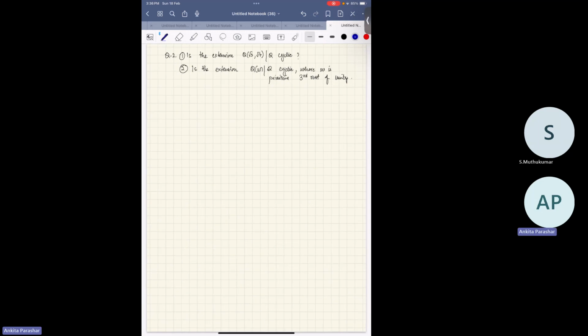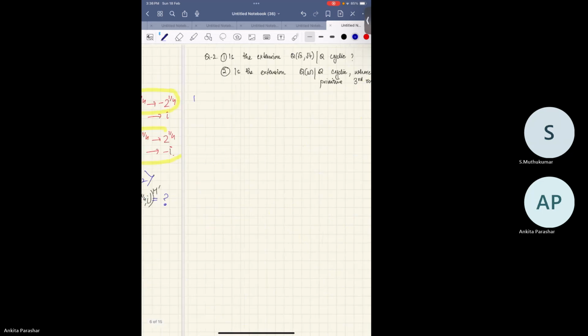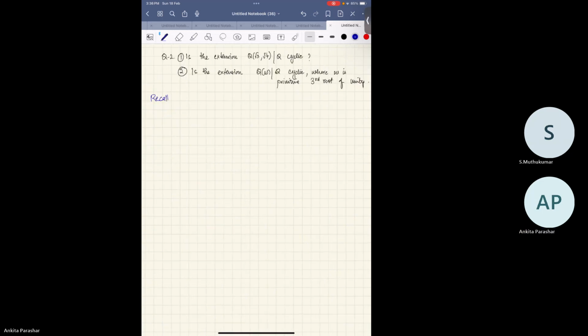Okay, so another question is about knowing that an extension is cyclic. First of all, what extension do we say is a cyclic extension? There are two conditions to be satisfied. So recall, a finite extension, we talk about finite only.